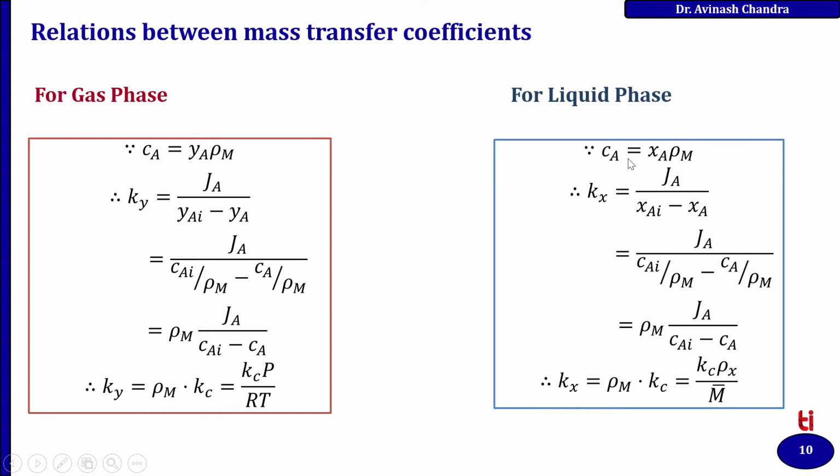For liquid phase, C is defined as X into rho m, and similar to the gas phase, Kx is defined as J upon Xi minus Xa, that is equal to J upon Cai upon rho m minus Ca upon rho m, again equal to rho m into J upon Ci minus Ca. So, this Kx can be written as rho m into Kc, where rho m can be replaced by rho upon M bar. So, Kx equals Kc rho upon M bar.